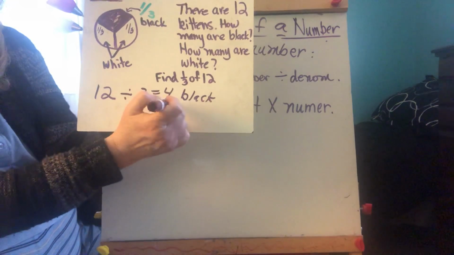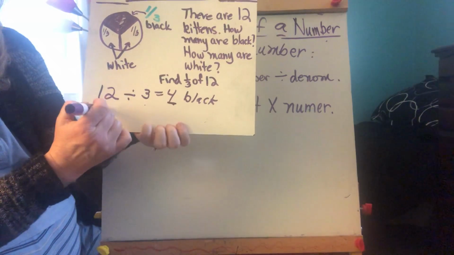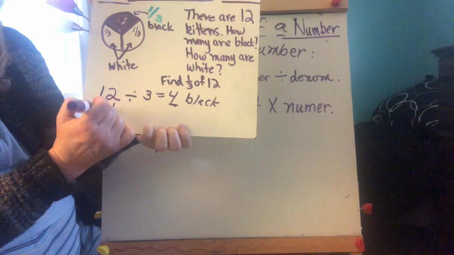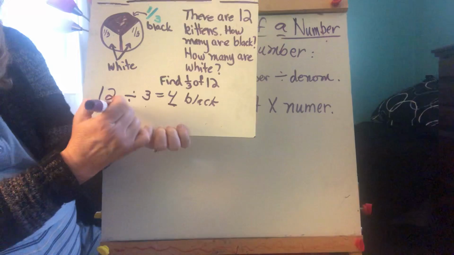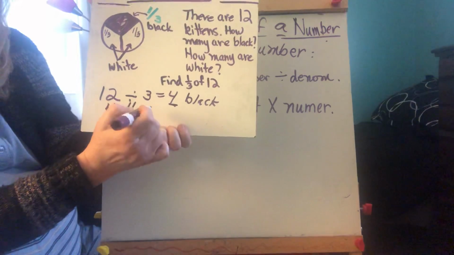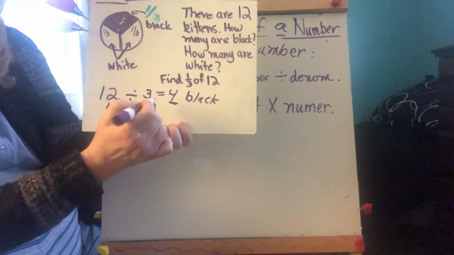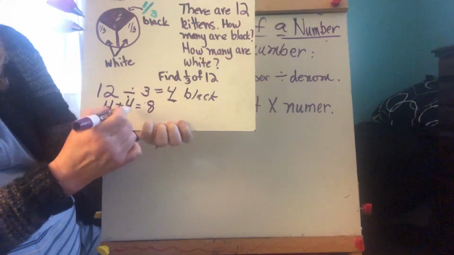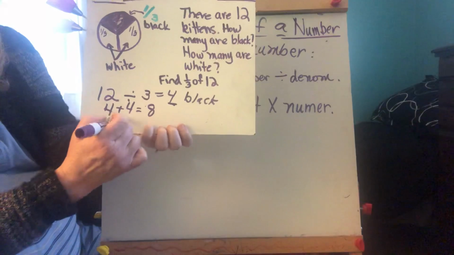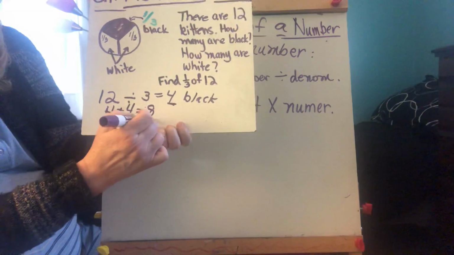So what you have to do is you have to take your answer here of 4, because that's what 1/3 is, and you want to do it for 2/3. So you can either do 4 plus 4, which equals 8, or now that you're 4th graders about to be 5th graders, instead of adding, you would do 4 times 2 equals 8.